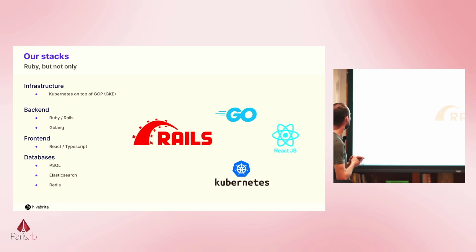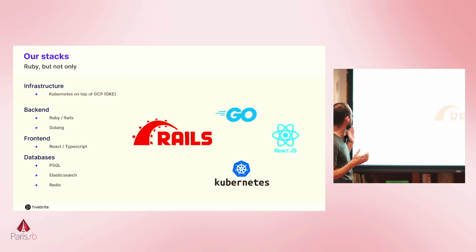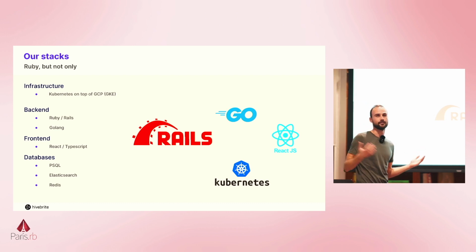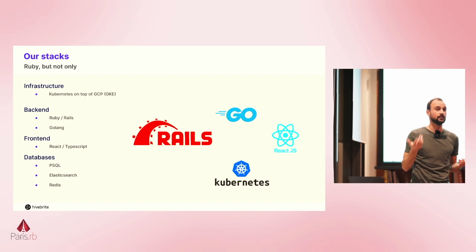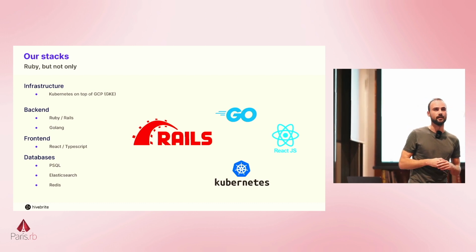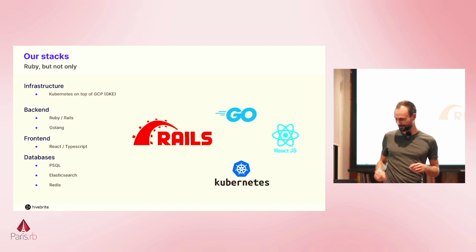We also use Golang for some microservices when we need performance. React TypeScript for the front end, some databases, and obviously Sidekiq, this kind of thing, but we didn't put everything in a single slide. You can see the stack on StackShare. There is everything, which is kind of up to date, maybe not.